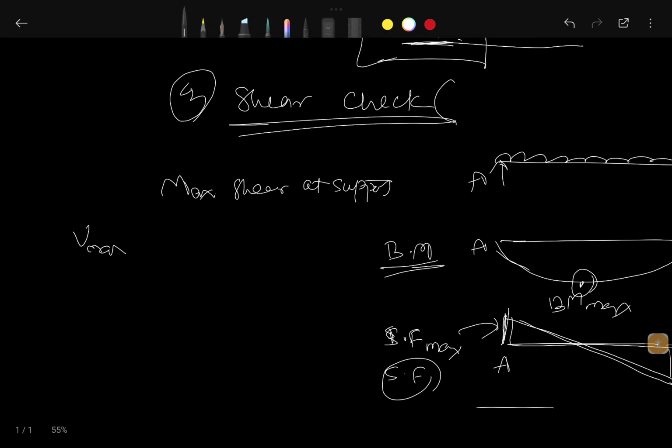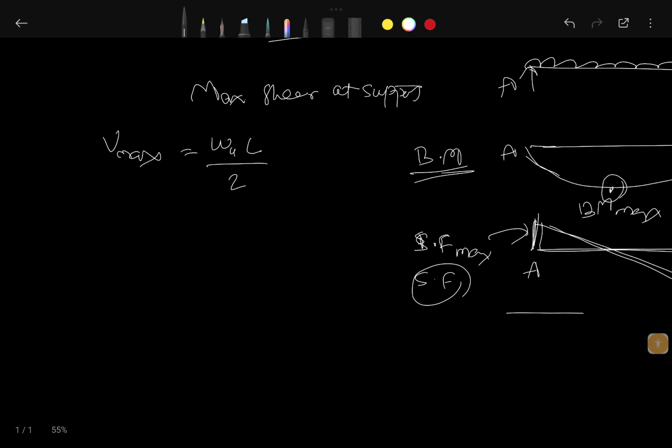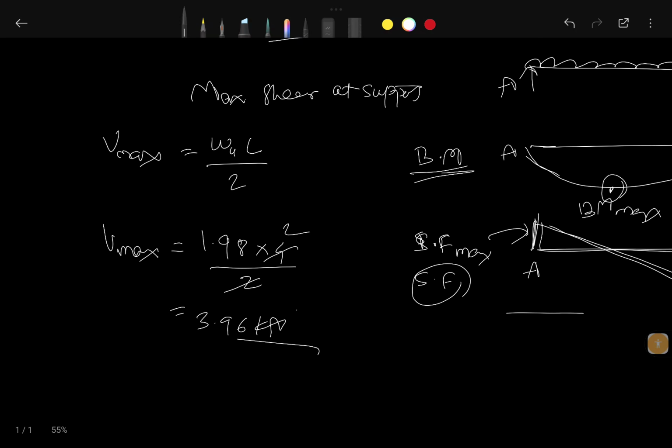Vmax is equal to Wu L divided by 2. Now the Wu value is 1.98. We calculate 1.98 into length 4 divided by 2. This value will come 3.96 kilonewton.